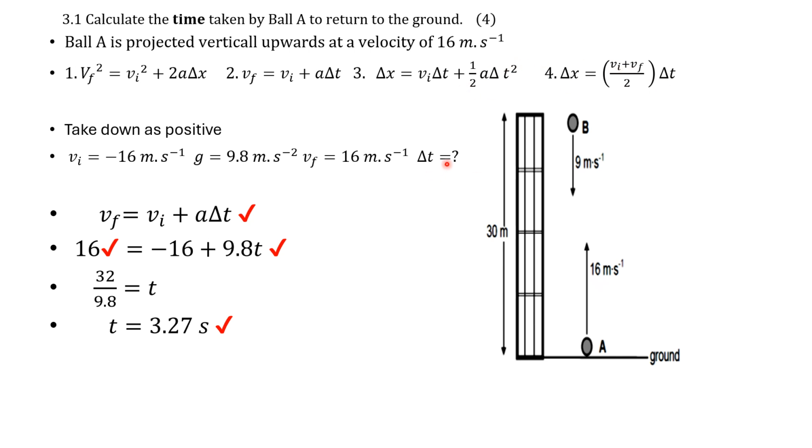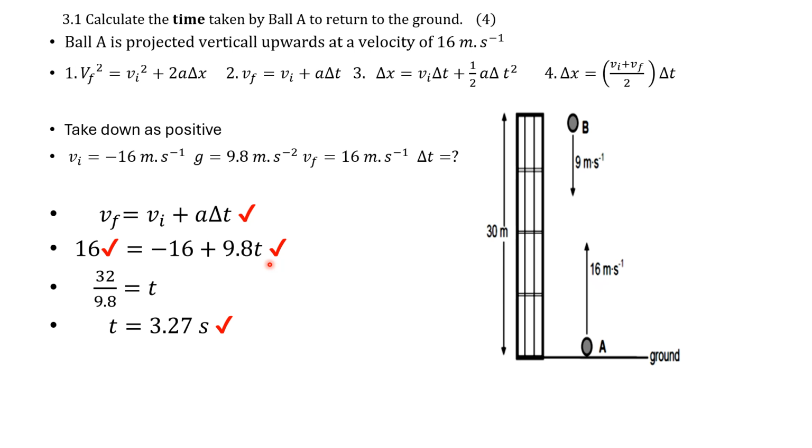Now for the last part I want time, so equation 1 has no time, but equation 2 has time, therefore I'm using vf equals vi plus a change in t, because all 4 items appear in equation 2. So final velocity positive 16, initial velocity negative 16, a is 9.8, and t simply stays t.